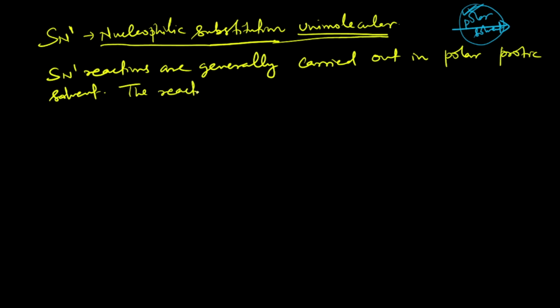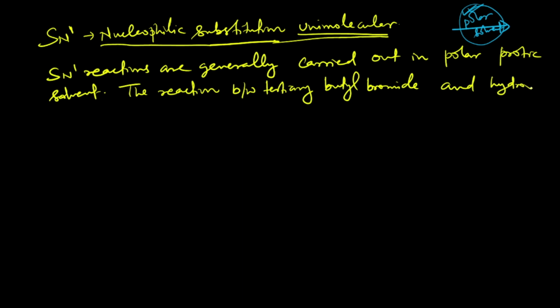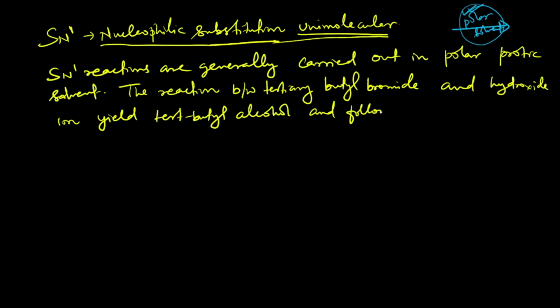The reaction between tertiary butyl bromide and hydroxide ion yields tertiary butyl alcohol, and it follows first order kinetics.